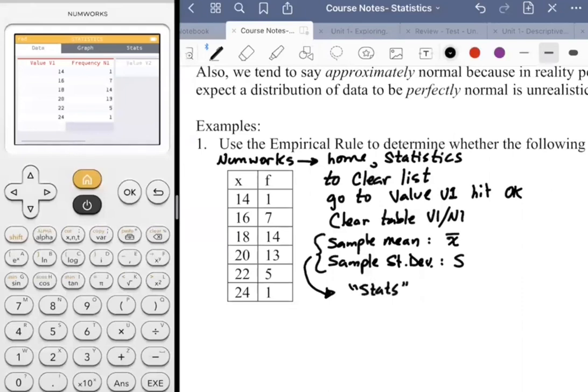We go right up the line here until we're in the column heading areas and go right to stats and then hit OK or enter.